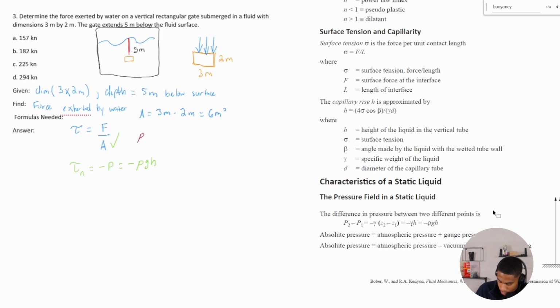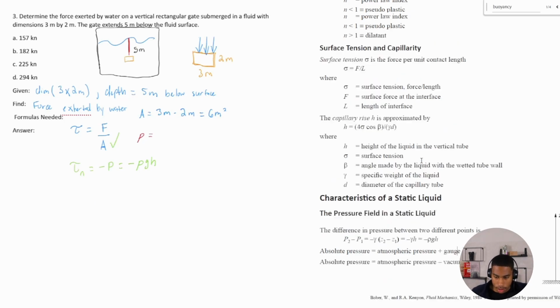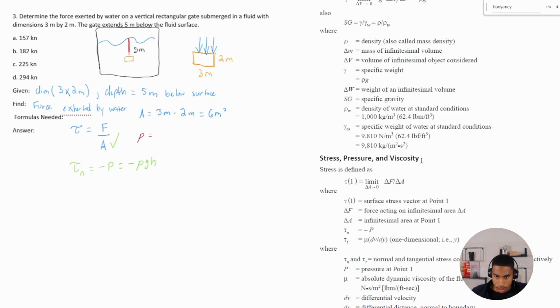Do we know what rho is? Well, our fluid is water, so rho is going to be the density of water, which in this case is 1,000 kilograms per meter cubed. All right, so we have that.